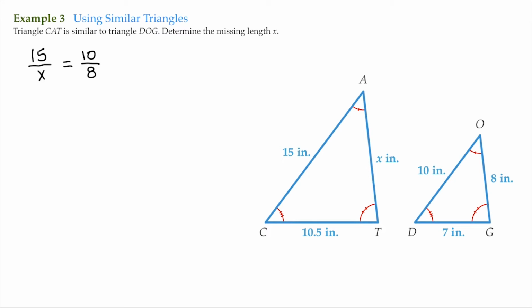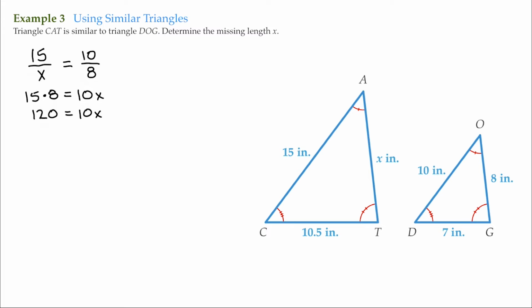In order to solve a proportion for x, we simply cross multiply and then solve for x. So I'm going to take 15 times 8, and that's going to be equal to x times 10, or in other words, 10x. 15 times 8, that's 120. That's equal to 10x.